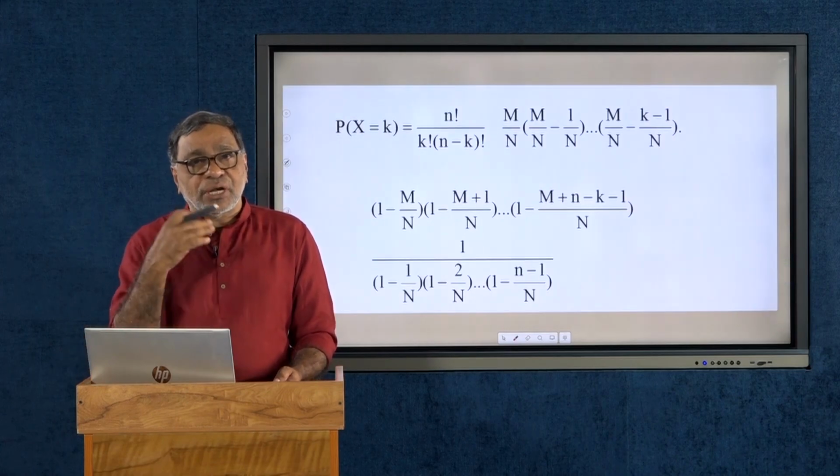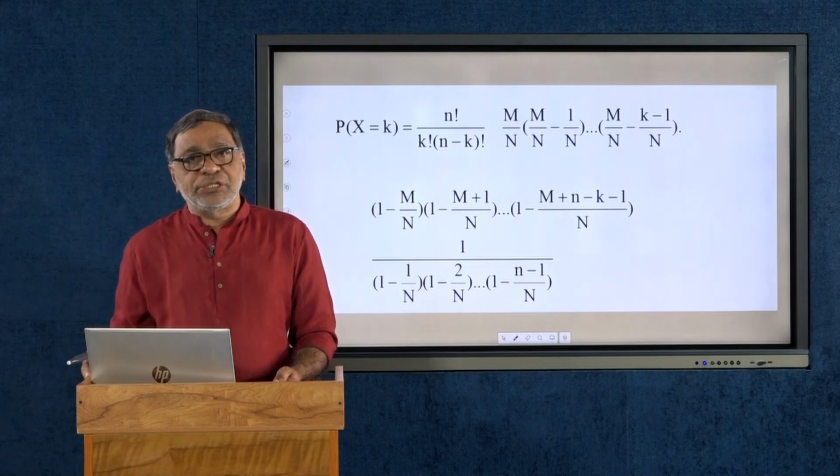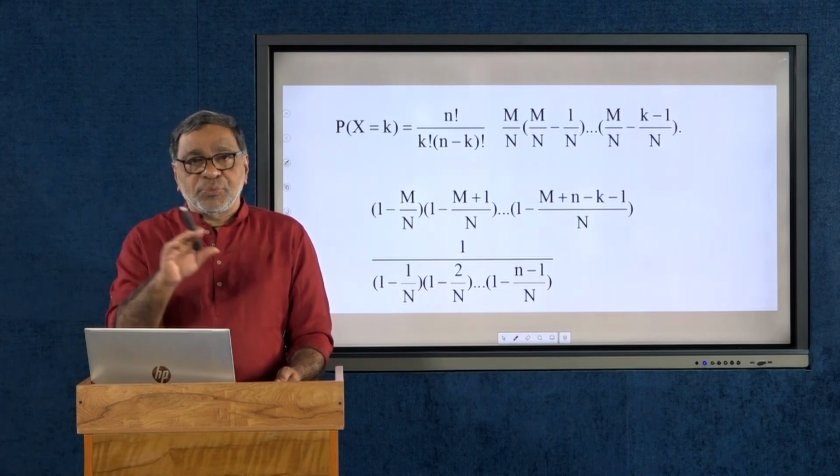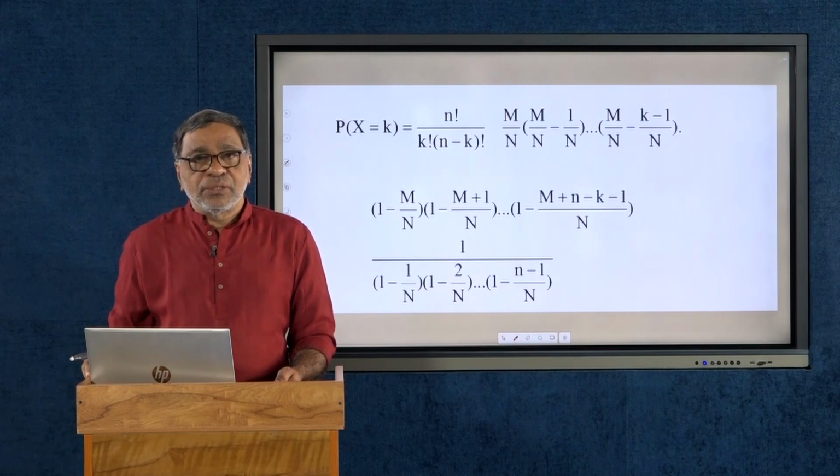Then you try to make all the expressions in terms of M divided by N, and the expression is like this.